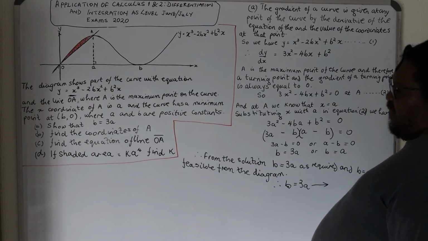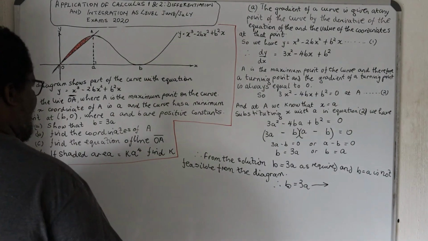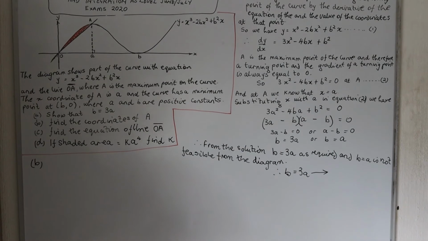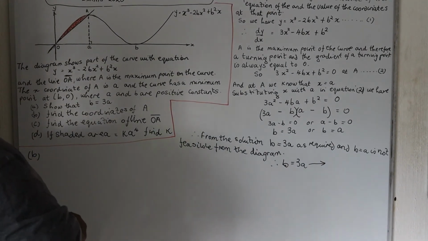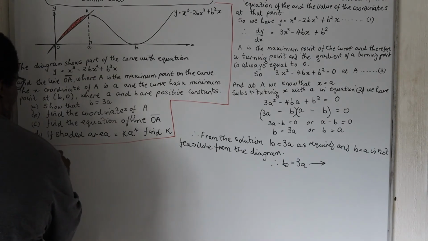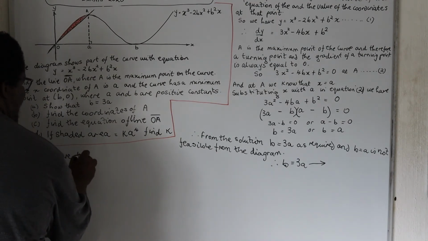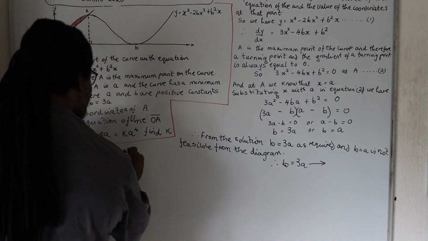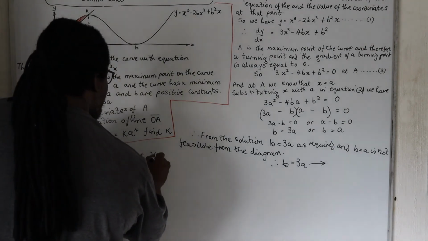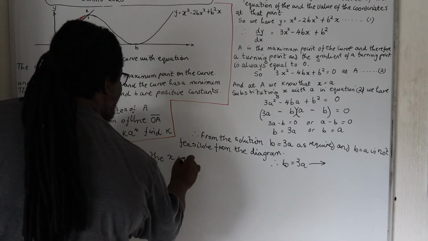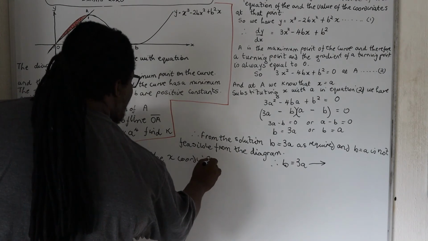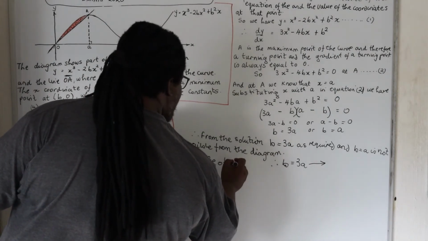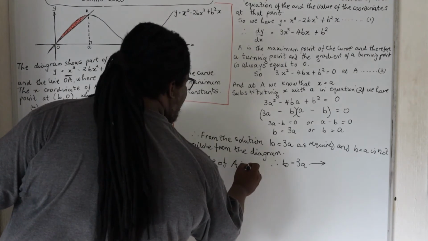And we can come this side of the board and do B. B requires us to find the coordinates of A. We are already given that the x coordinate of A is a.